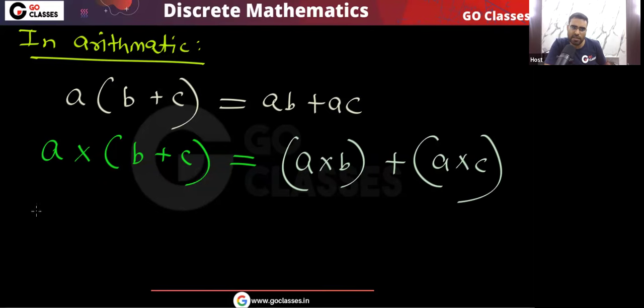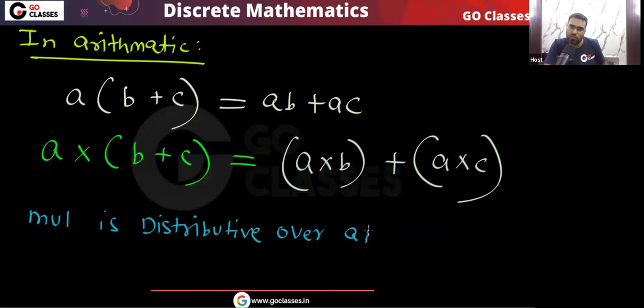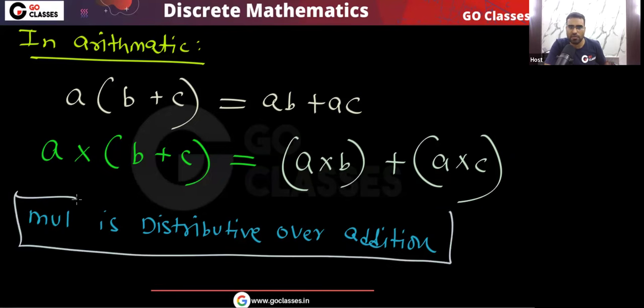We can distribute multiplication over addition. Multiplication is distributive over addition. Now you tell me, in arithmetic, in your regular mathematics, can I say addition is distributive over multiplication?